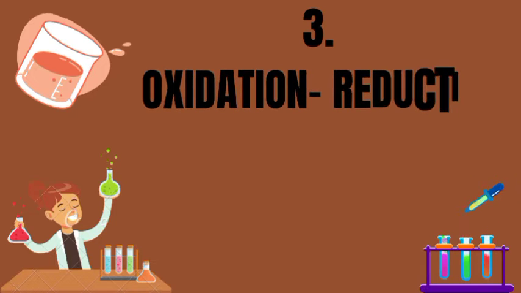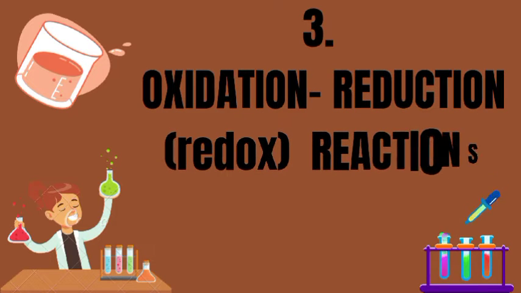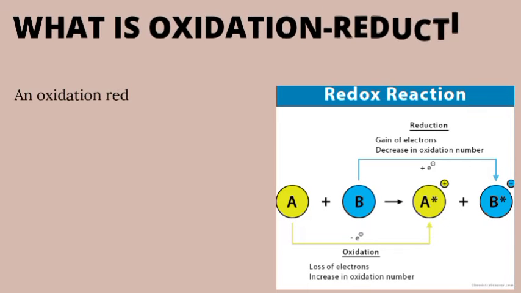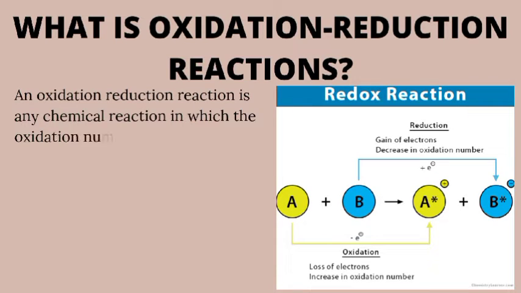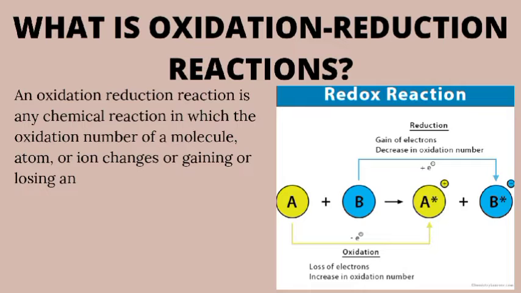And lastly, we have oxidation-reduction or redox reactions. What is an oxidation-reduction reaction? An oxidation-reduction reaction is any chemical reaction in which the oxidation number of a molecule, atom, or ion changes by gaining or losing an electron.